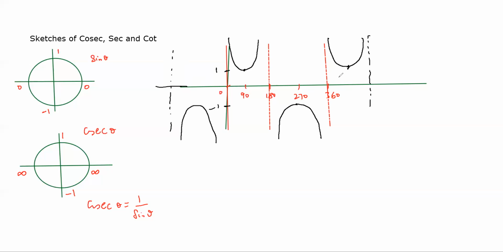By looking at this graph of cosecant x, you can see that you can also have your graph for secant in the same way. Let me change that for the secant. You see these values will change now.